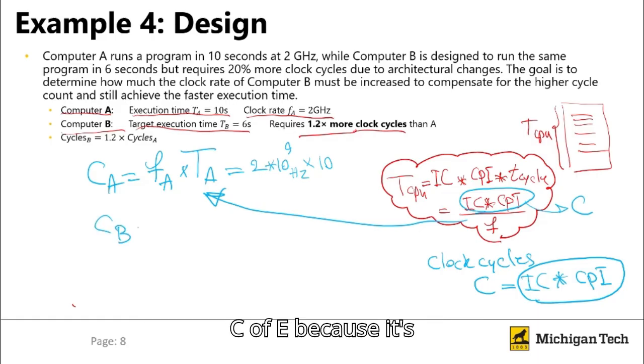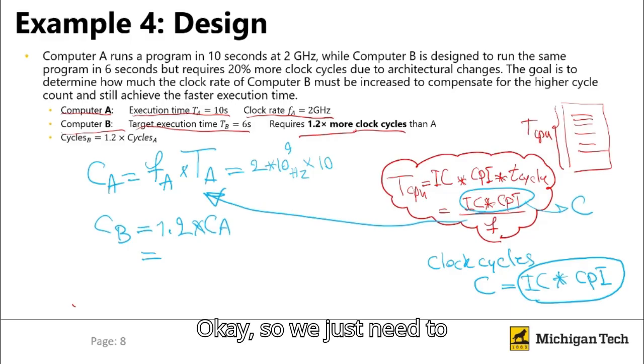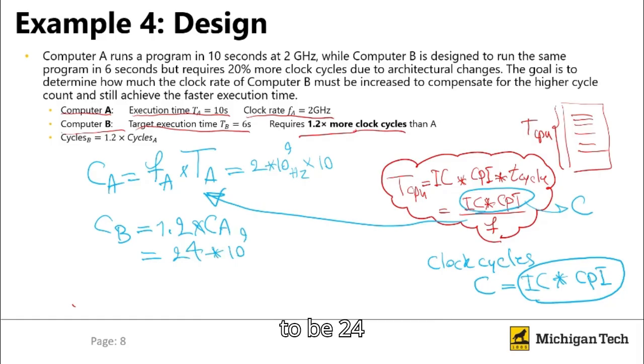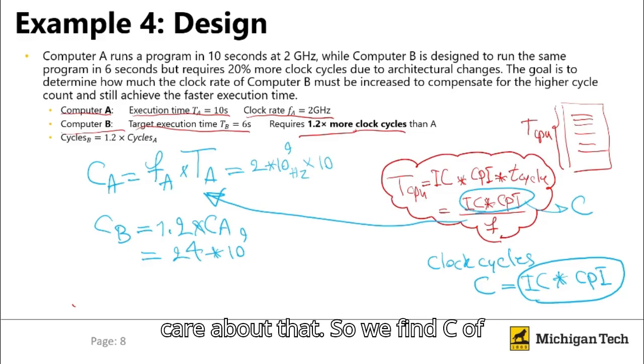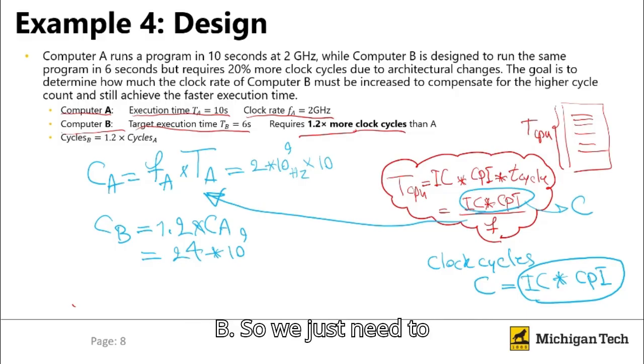So C of B, because it's 1.2 times that, we can find as well. We just need to write this: it's going to be 24 times 10 to the power 9. We don't care about the units there. So we found C of B. Now we just need to find the frequency; the question asks what the clock rate, or F of B, is, because we have this part and this part.